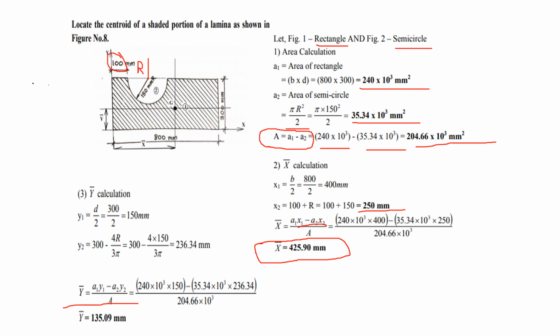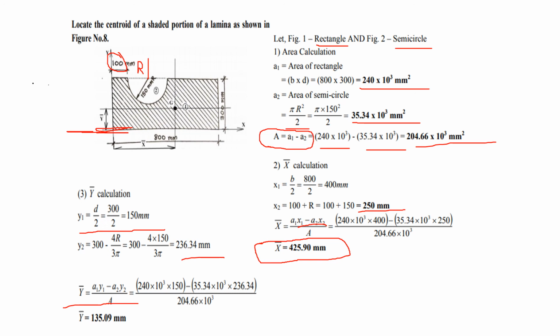So y1 is nothing but total height or d divided by 2, that is 150, and y2 is this total 300 minus 4r upon 3 pi, because we take this base as reference for rectangle and for circle. So y2 is 300 minus 4r upon 3 pi. So after putting the values, we got y2 as 236.34.